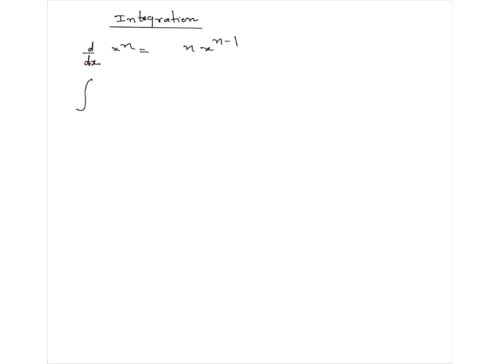With respect to whom? Just like here we say d dx with respect to x, here we say with respect to x. Whose integration we want, we put it here. Right, so that's the basic idea of integration to introduce it.